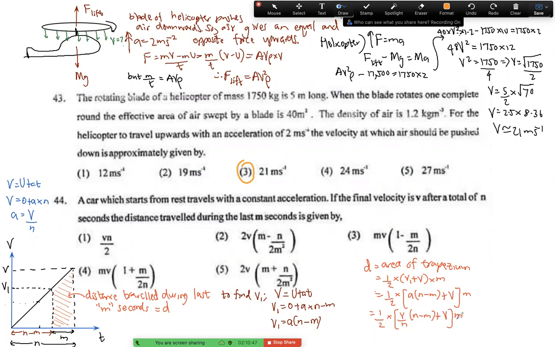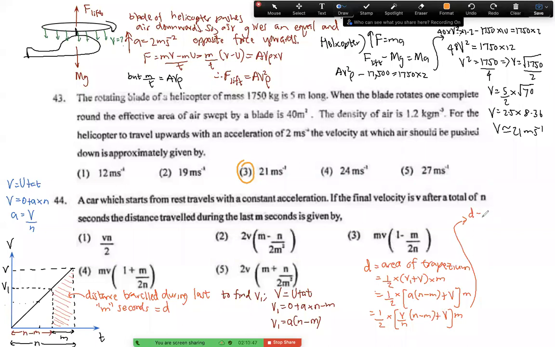I think we can take this v out, which is common. So I'll continue it here. The d value is equal to half, half will be there, then v comes out.